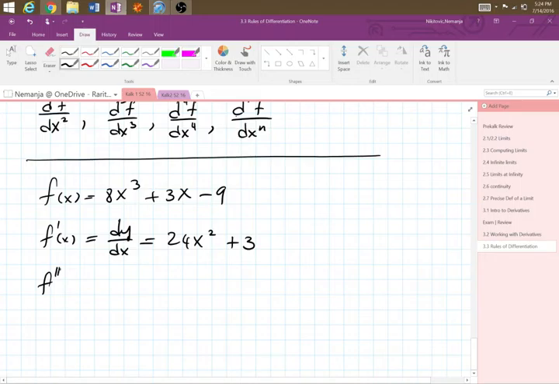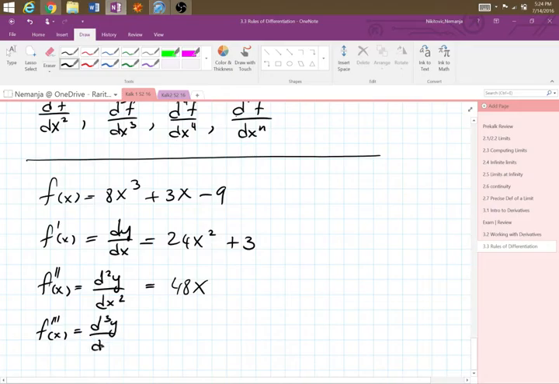And now the second derivative, which is d squared y over dx squared, would be 48x. The third derivative, which is d cubed y over dx cubed, is just 48.